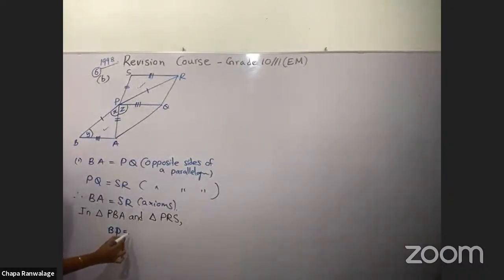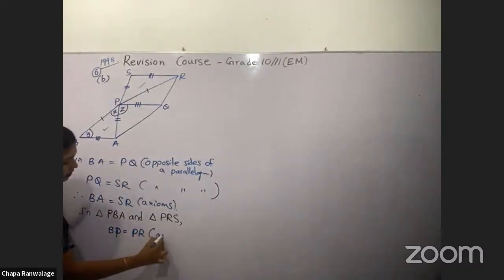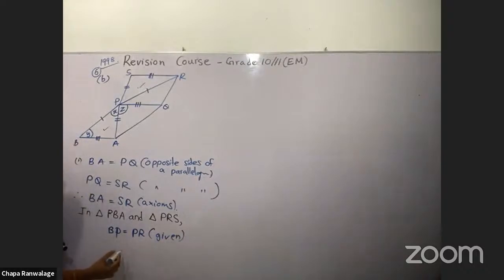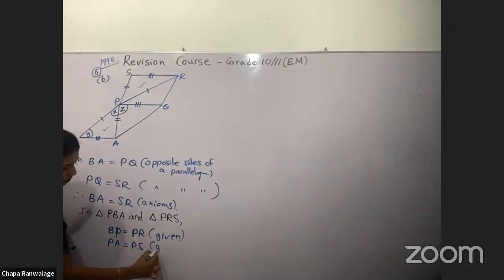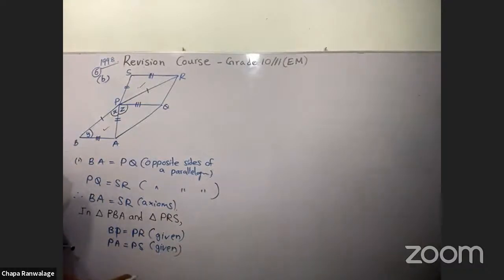BP is equal to PR, that is given. Then PA is equal to PS, given. And BA is equal to PQ.